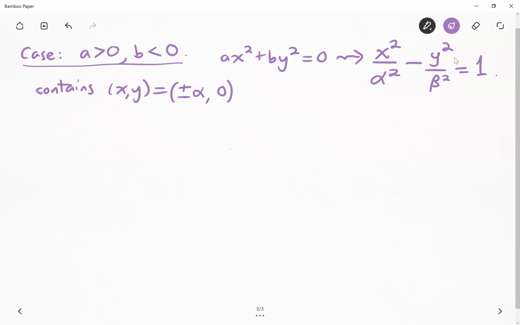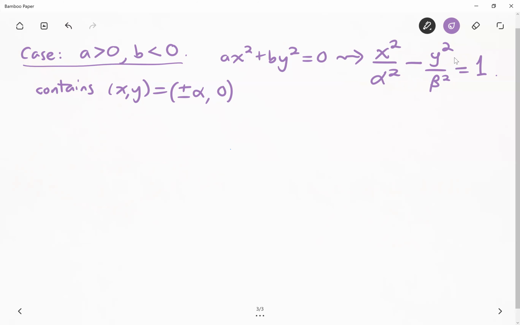However, unlike the first case, this graph does not contain the point 0 comma plus or minus beta. If you were to plug in 0 for x and beta for y, you get -1 on the left and +1 on the right. So that point does not make the equation true. That point is not on the graph of this function.